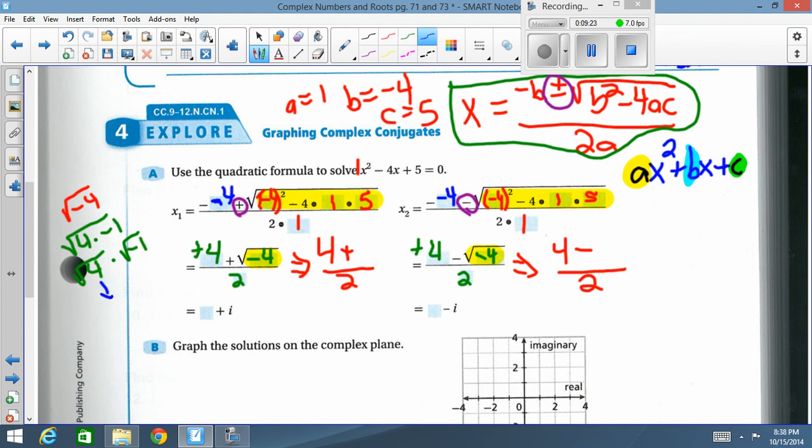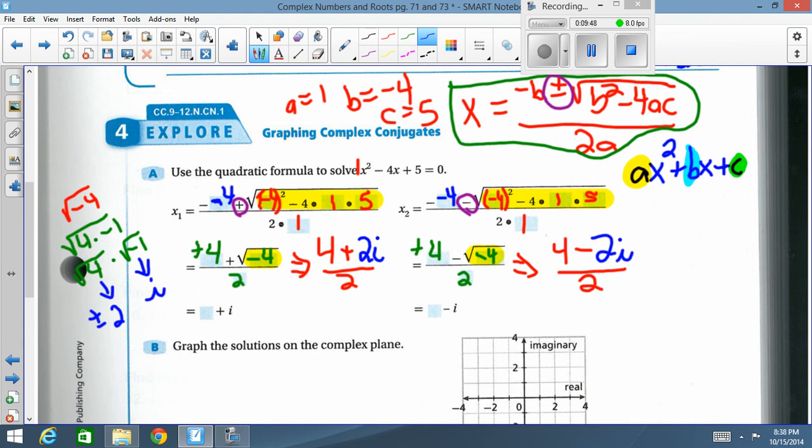I know the square root of 4 is positive or -2. I know the square root of -1 is my new best friend, i. So really, that all reduces to 2i. Okay?